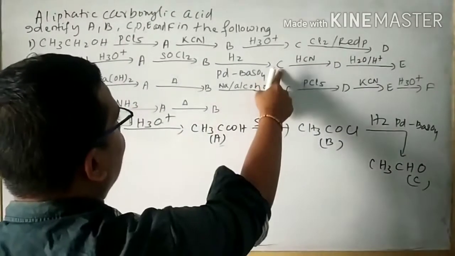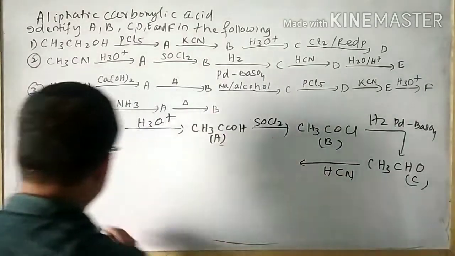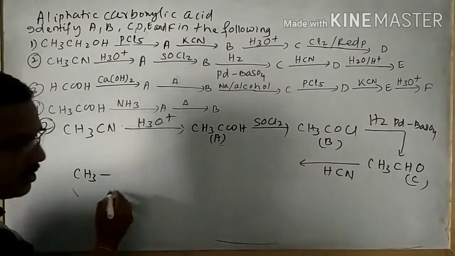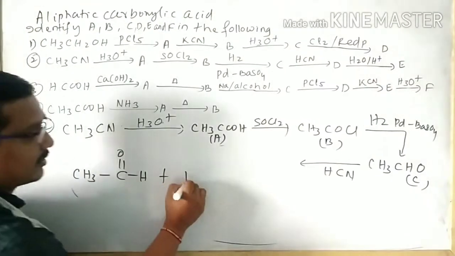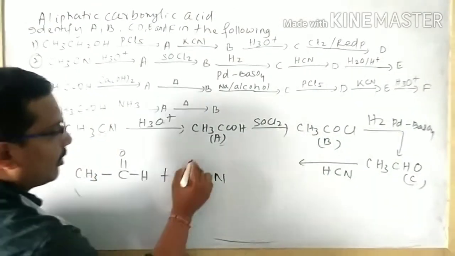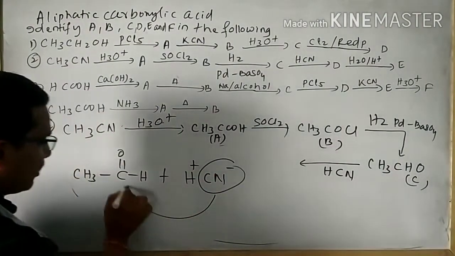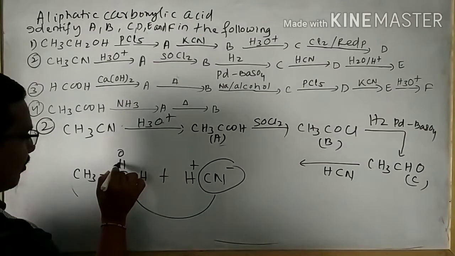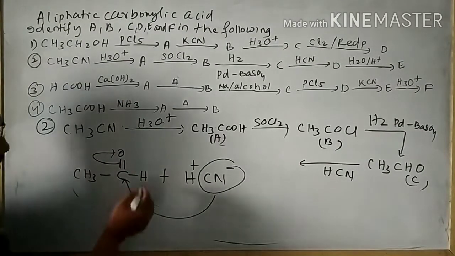Then the C product again reacts with HCN. CH3, bond C double bond O, bond H, is subjected to reaction with HCN. Here H plus, CN minus. Now the CN minus will attack this carbon. As a result, one pi bond will break and a negative charge is created on the oxygen atom.